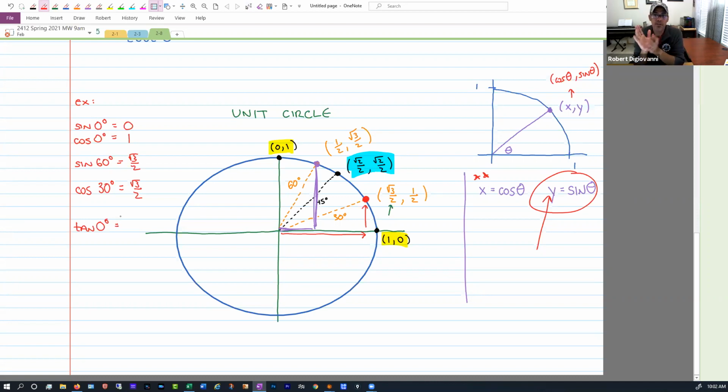Now, this is intentionally tricky and I haven't done this yet. So what do you think, Jordan? I'm not sure. Okay, do you know anything about tangent and what tangent is in relation to sine and cosine?